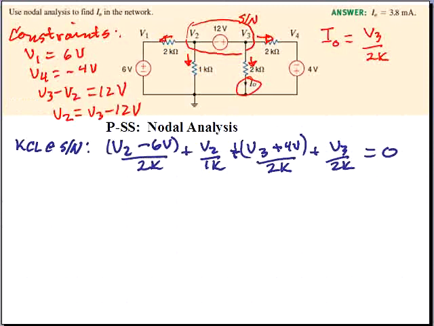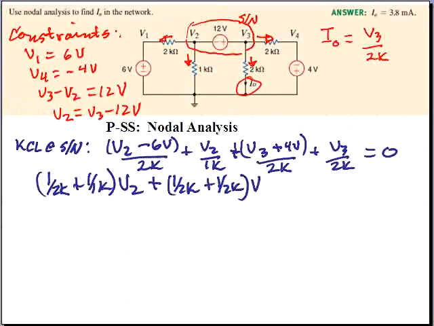So we can rearrange some terms here, and we have 1 over 2K plus 1 over 1K times V2 plus 1 over 2K plus 1 over 2K times V3 is equal to 6 volts divided by 2K minus 4 volts divided by 2K, which is equal to 1 milliamp.